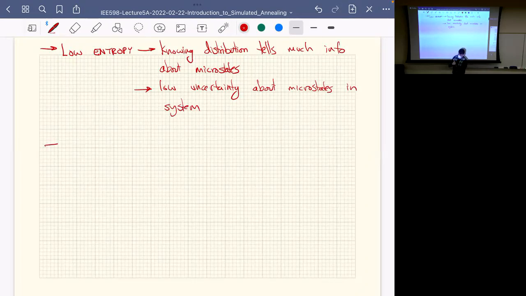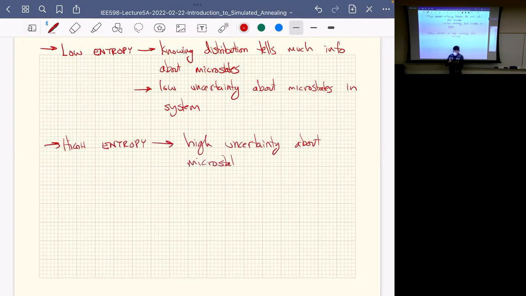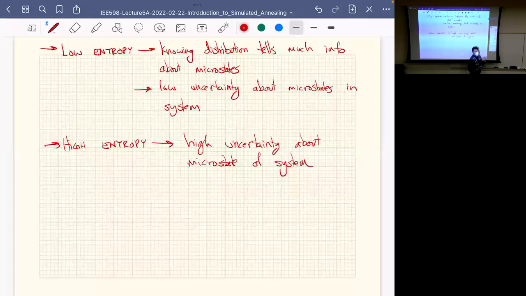And compare this to high entropy, there is high uncertainty about the microstate of the system. So some people refer to this as an ordered configuration, and this one as disordered.